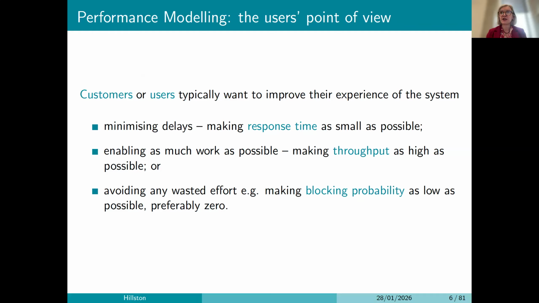They want to get as much work done as possible, which we often term throughput, so the number of units of work done per unit time is as high as possible. And we don't want any wasted effort. Sometimes in systems we may have blocking probability, and so jobs get dropped halfway through, and that wastes a lot. So we want blocking probability to be as low as possible.